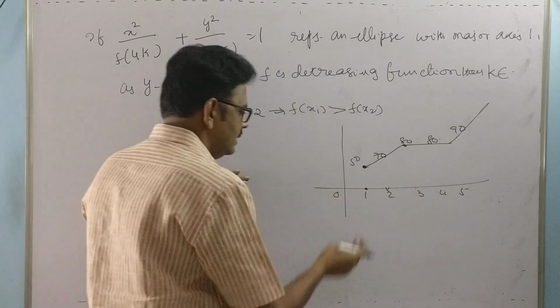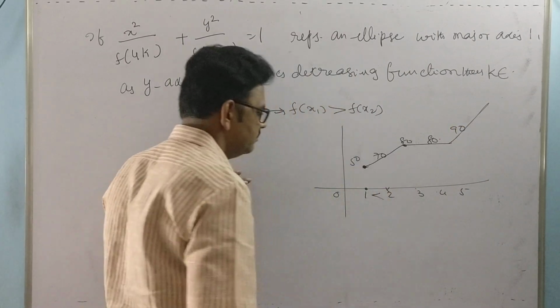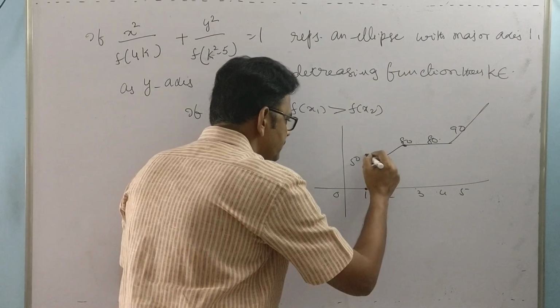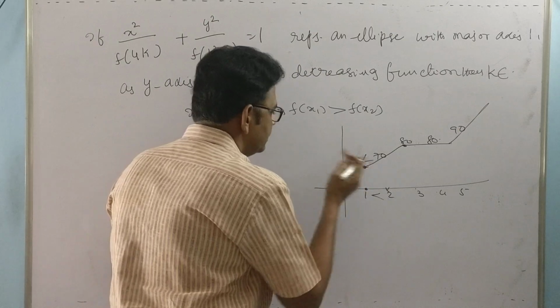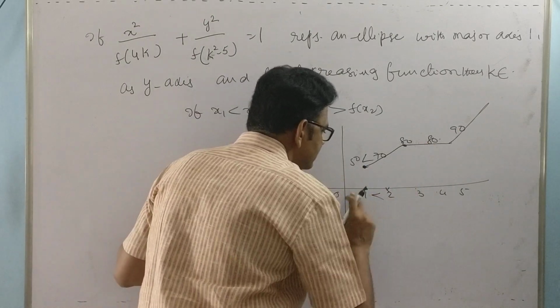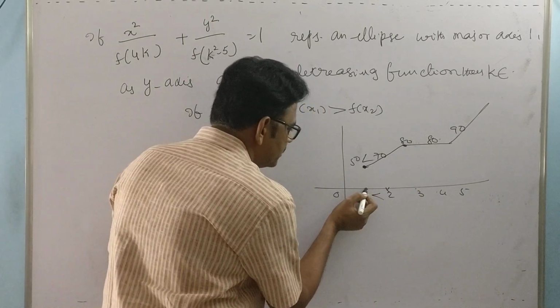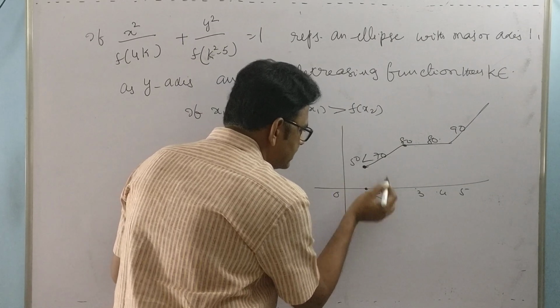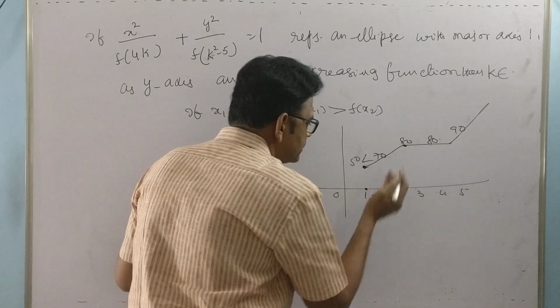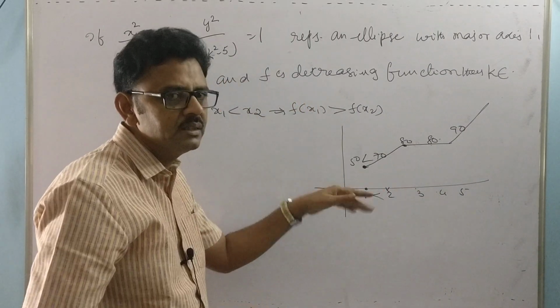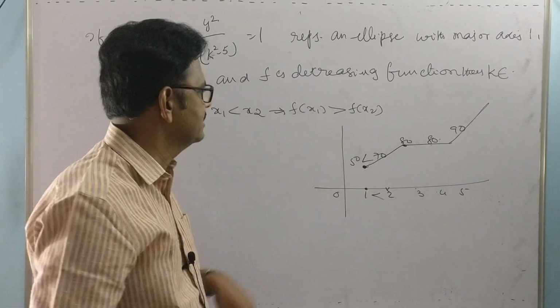So this means x1 is less than x2, meaning 1 less than 2. Therefore f of x1 is less than f of x2. Then it is called an increasing function. First exam 50 marks, second 70, third 80, fourth 80. This is called an increasing function or non-decreasing function.